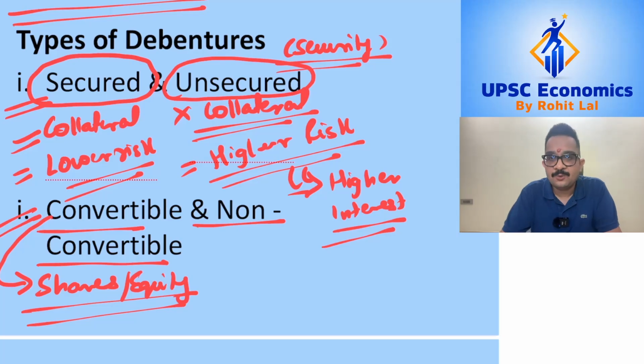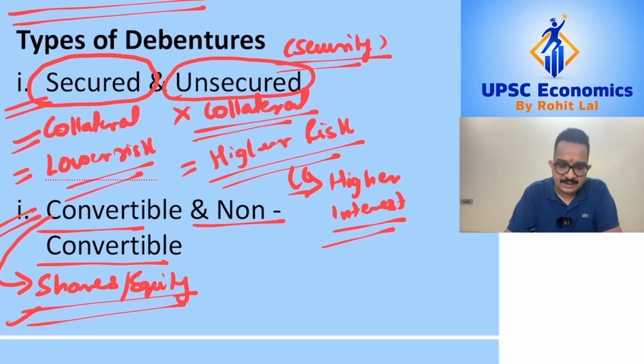Anyone who lends money via convertible debentures has an option that, after the tenure of the convertible debenture gets over, if he wishes, he can convert those debentures into shares of the company.